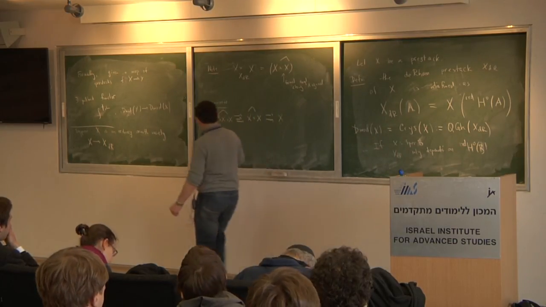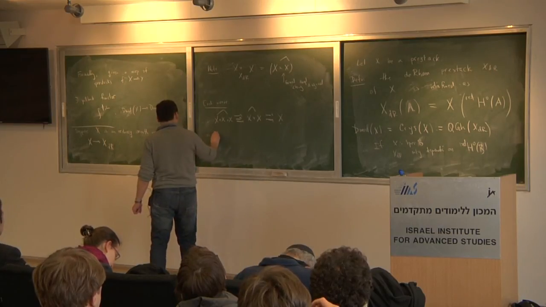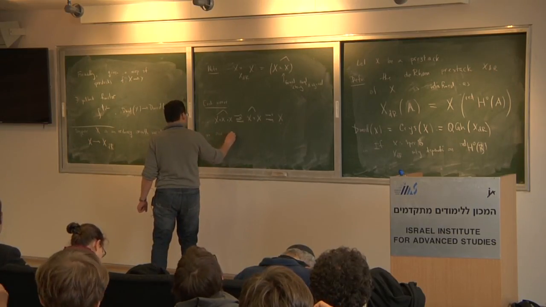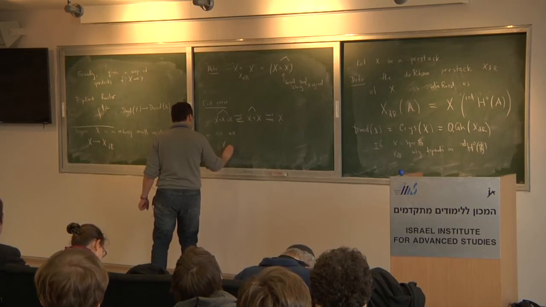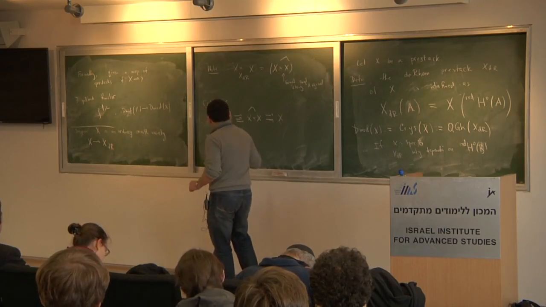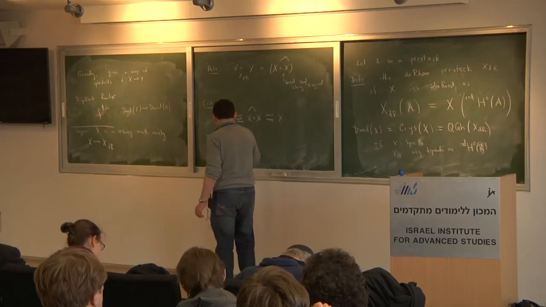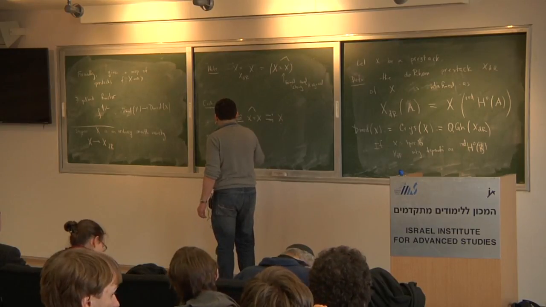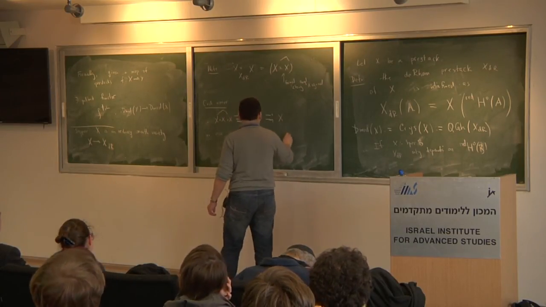So in our case, X_dR as a prestack is isomorphic to the colimit of this simplicial prestack.